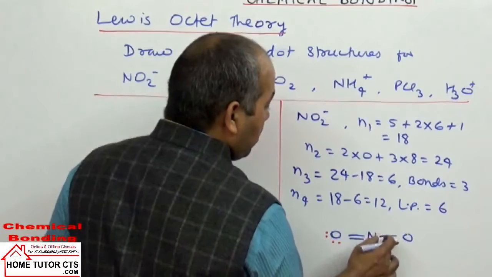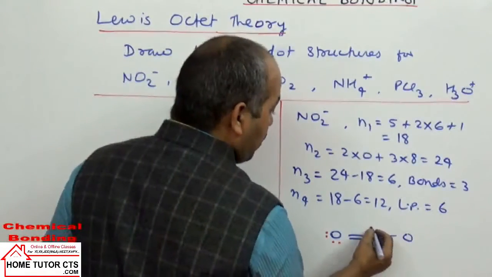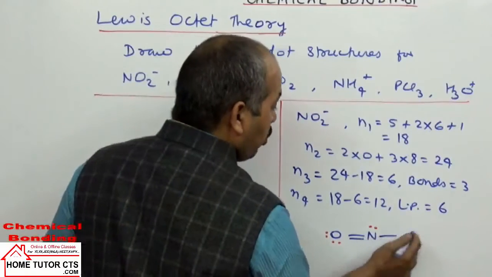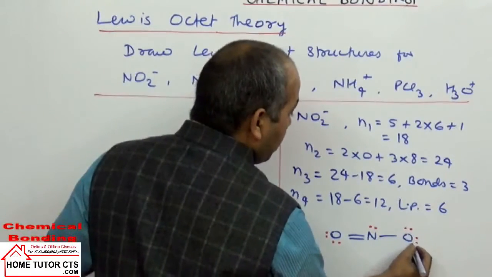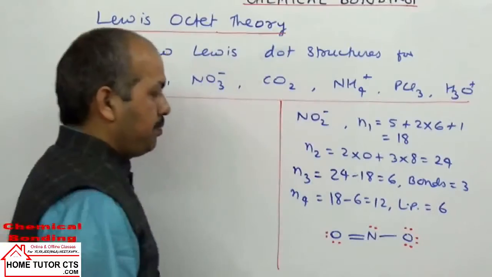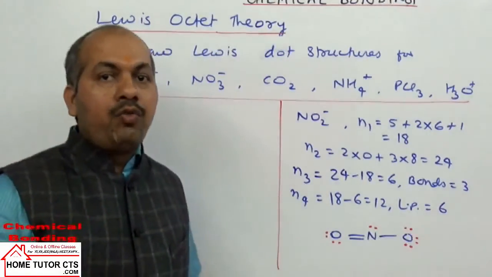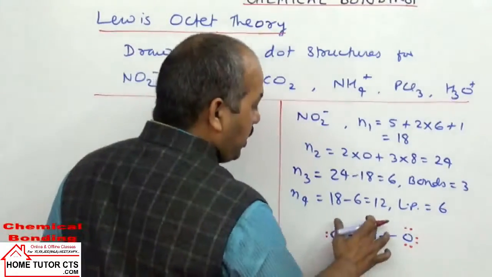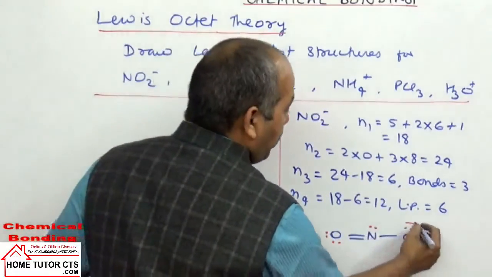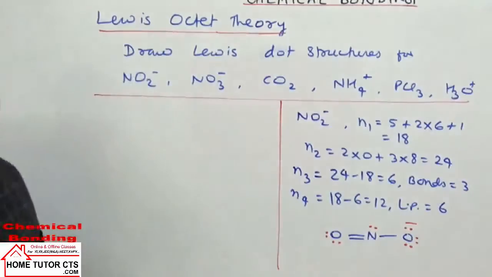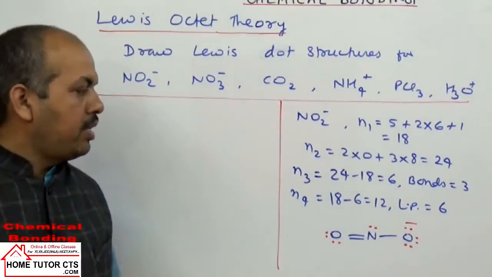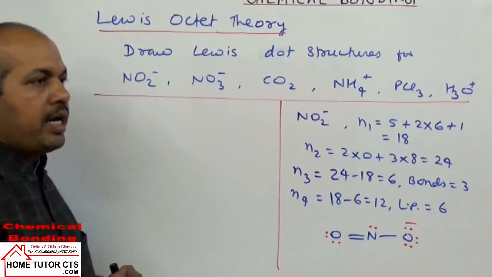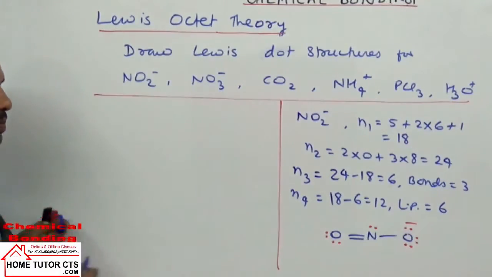Nitrogen has 3 bonds, so 6 electrons, and we have 1 lone pair. The second oxygen, which has a single covalent bond, needs 3 lone pairs. And then we can find the formal charge. Like the previous case, this O has 0, N again has 0. This O will carry a -1 formal charge. Now the next one can be taken here.